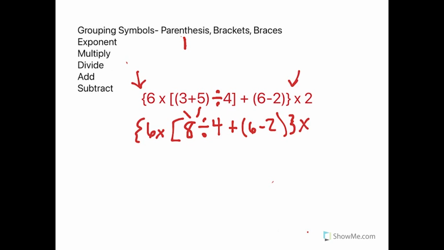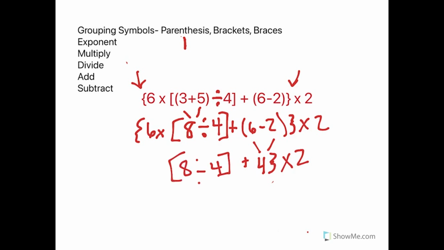So make sure you add those in there. So now we're going 6 minus 2, which is 4. Make sure you're rewriting the problem each time so that you don't lose the order of things.